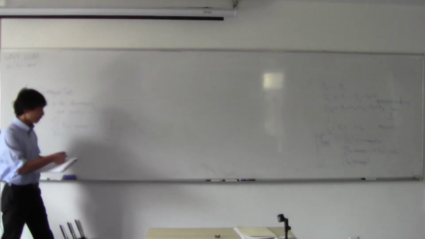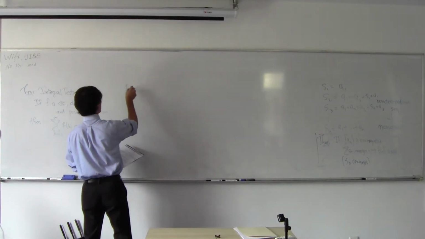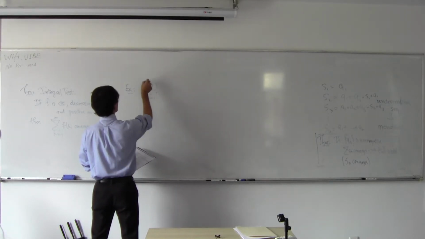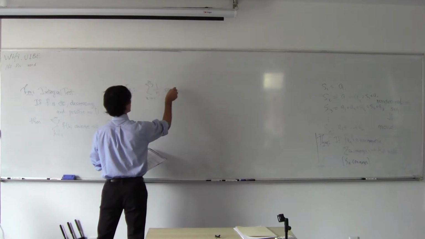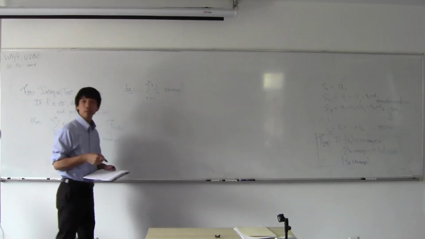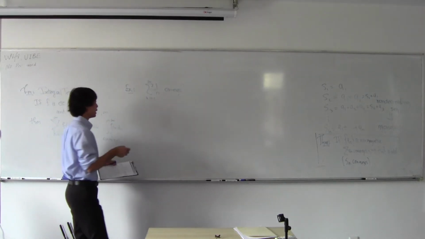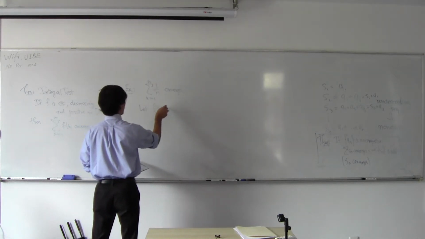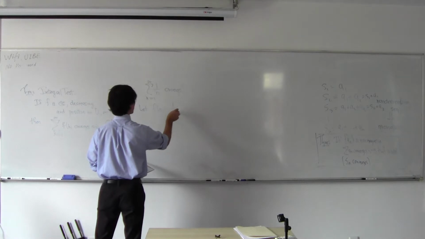Okay, so let me give you an example. Somebody says, does the sum of 1 over n from n equals 1 to infinity converge? And what you say is, well, let f of x be 1 over x.